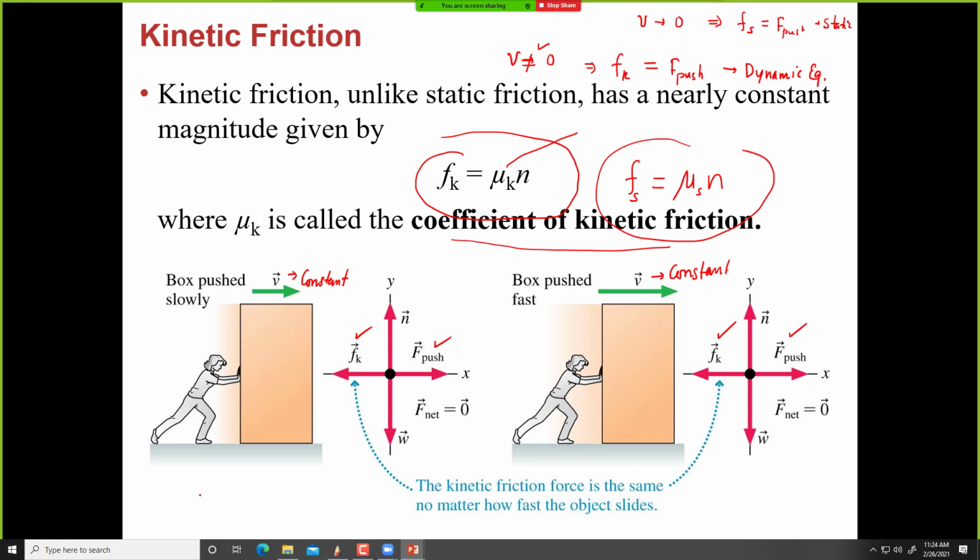So you have this kinetic friction, and you have this push force. One is longer than the other. In this case, it's not equilibrium. So you will have the net force. Net means push force minus F sub k would be mass times acceleration. They are not equal.